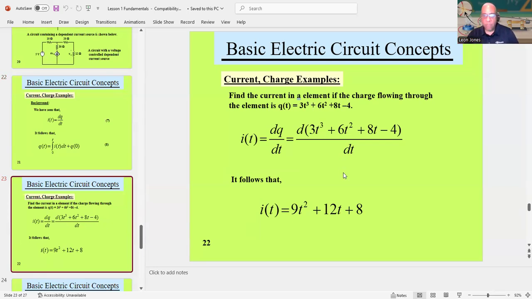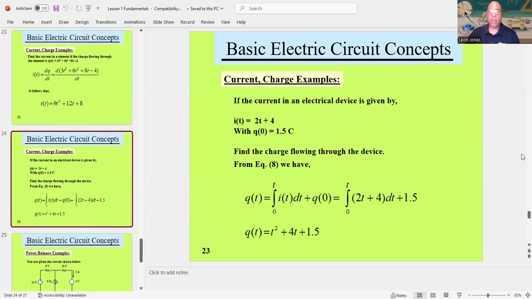I'm going to do the same thing for the second part of this equation. 6t squared, to get the derivative, is going to be 12t. And then 8t is simply going to be 8. So that's your current right there: 9t squared plus 12t plus 8. I took the derivative.